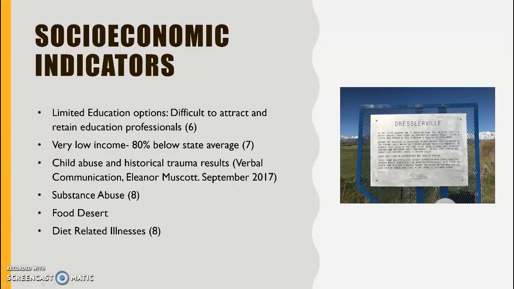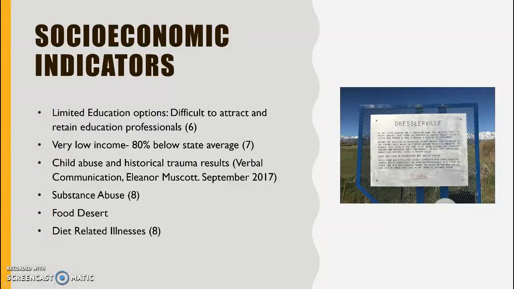Some socioeconomic indicators would be the limited education options. It's difficult to attract and retain education professionals for this area. They're very low income, about 80% below state average. There are also the child abuse and historical trauma rates, and how that can affect individuals for the rest of their life and in other areas of health as well.